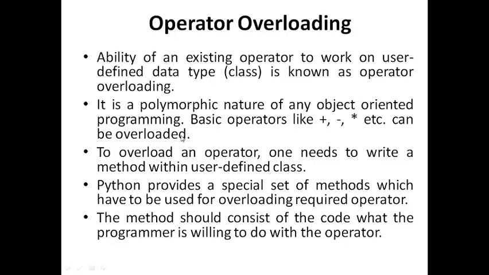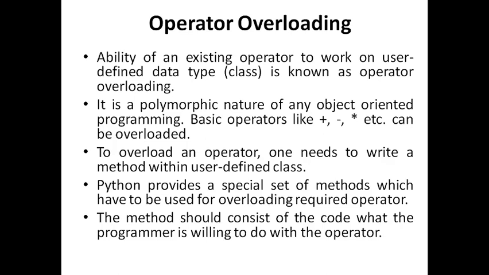Next we will see about operator overloading. Already we have an idea of operator overloading in the case of C++. We have done this, you have added complex numbers, many things we have done. So operator overloading is the ability of an existing operator to work on user defined data types.